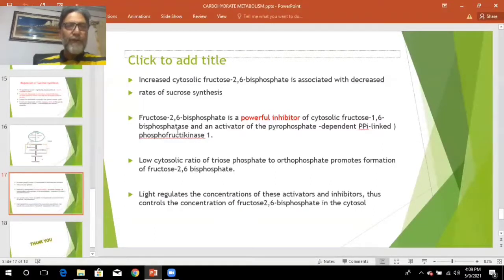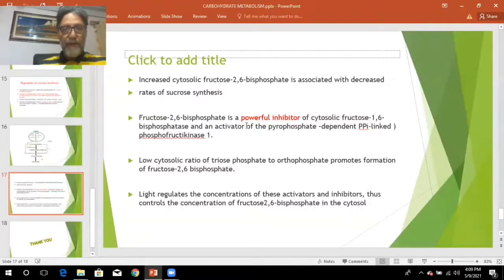Well, my dear students, through this video, we have seen what is basically starch, where it's produced, and how it is a storage product. And then we have seen the possible synthetic pathway of this starch.